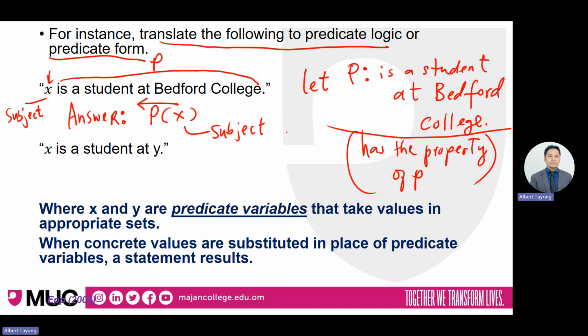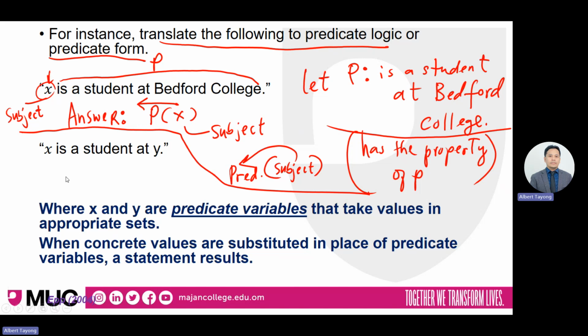So basically the formula is like this. The subject is inside, and we go to the predicate outside. So inside is the subject. In this case, our subject is X. Then we go to the left and write our predicate. Here, as you can see, we have two variables.